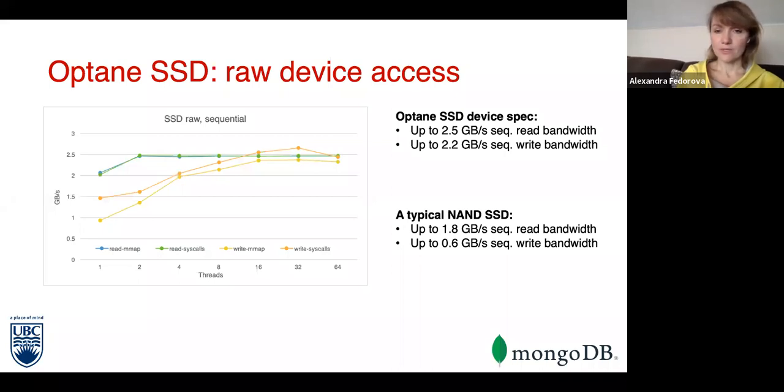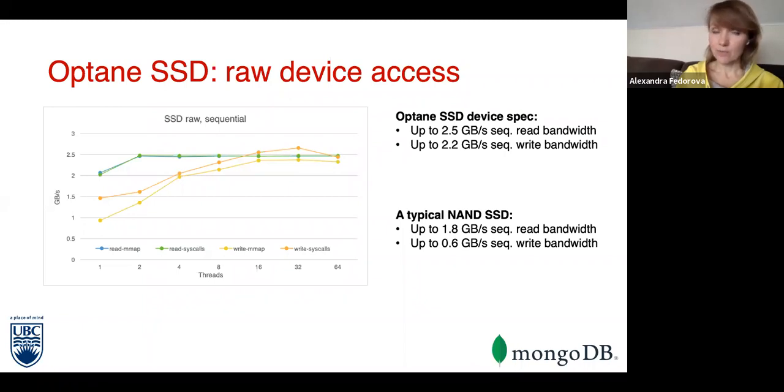According to the spec, Optane SSD should give us up to 2.5 gigabytes per second of read bandwidth and up to 2.2 gigabytes per second of write bandwidth. So we see that in the case of reads, we do achieve the bandwidth according to spec. When we do writes, we go slightly above that.